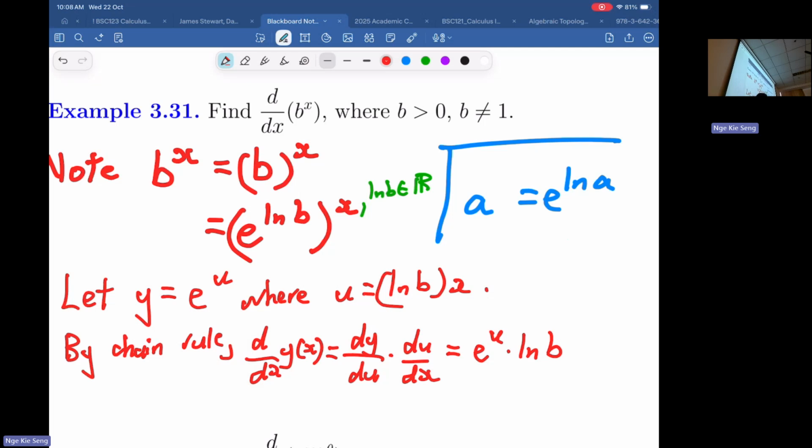So after you differentiate, you should expect that your function is still in terms of x. Okay, but now any x's here? There's no x's here, but there's a variable u here. Is it possible to rewrite u in terms of x? Yes or no? Yes. How?